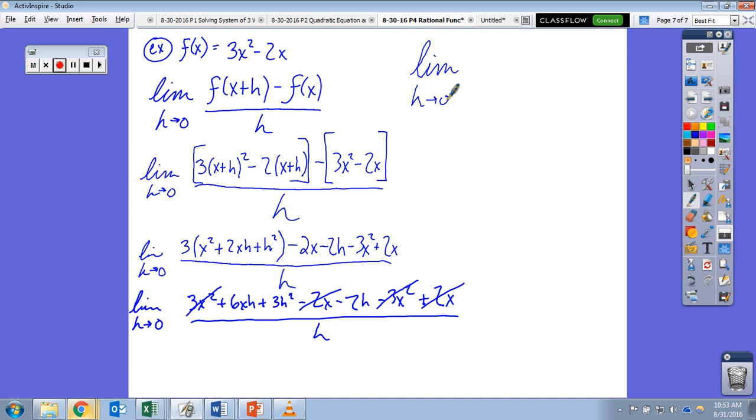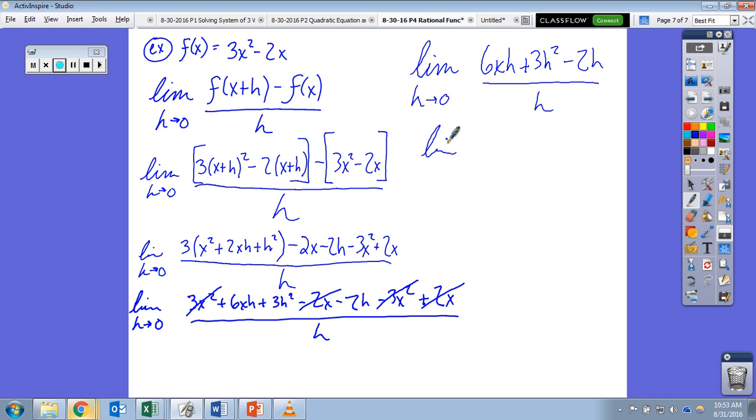We have (6xh + 3h squared minus 2h) all over h. This is where factoring comes in, remember I keep emphasizing the advantages of factoring. Is there a common factor in the numerator? Yes, there's a 2h. No, the greatest common factor is h. Yep, so let's do that.